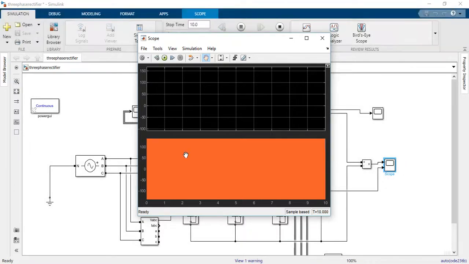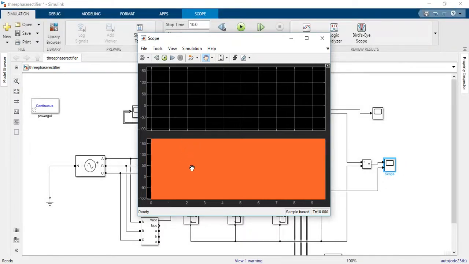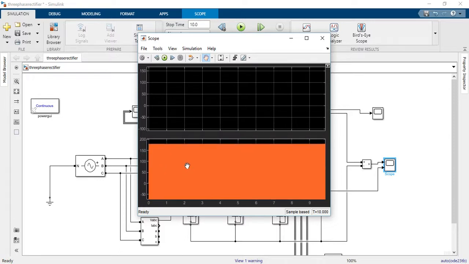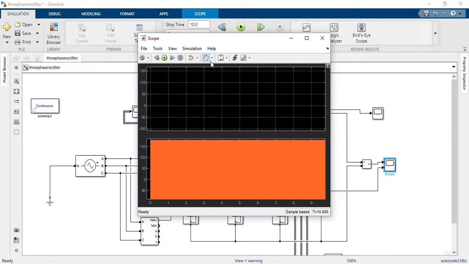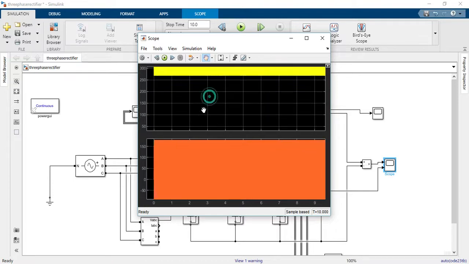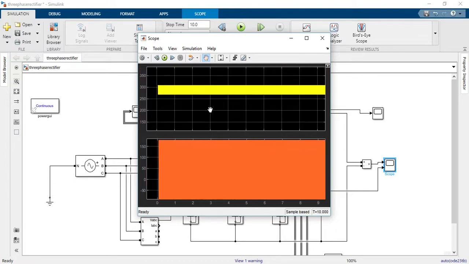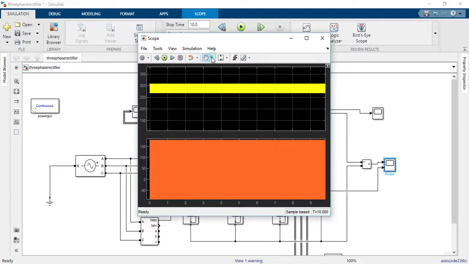So here you can see the voltages and the output voltage. You will see the output voltage here.